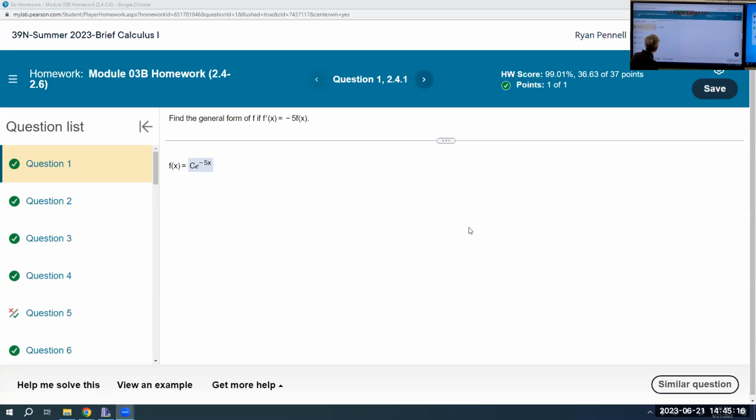So the first problem, it says find the general form of f if f prime equals -5 f of x. So this is kind of strange. This is saying that df dx equals -5 f of x. So they're giving us the derivative, but I didn't see this when I first took calculus. This is actually what differential equations is.